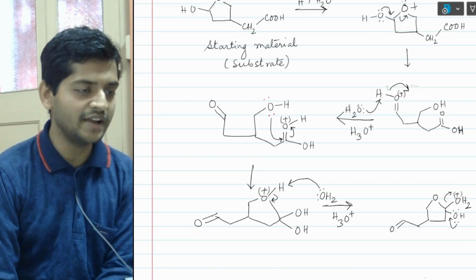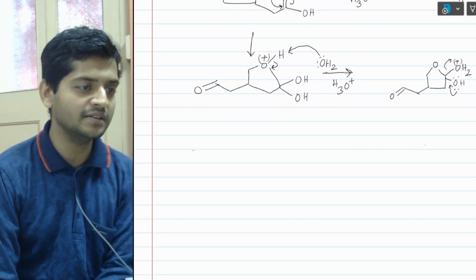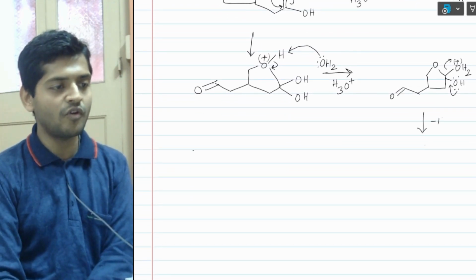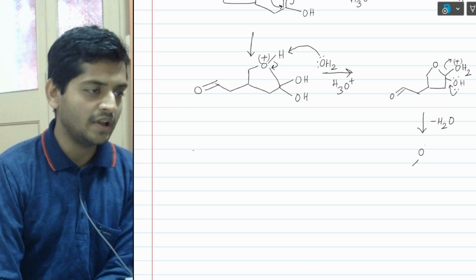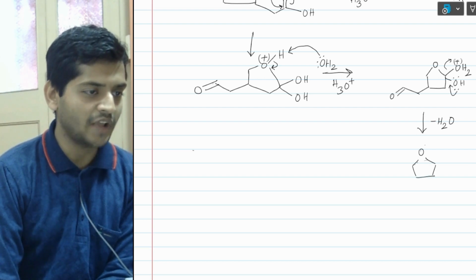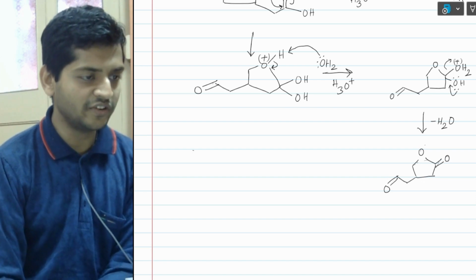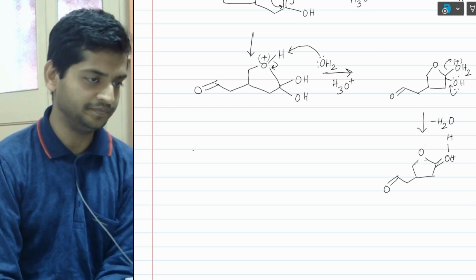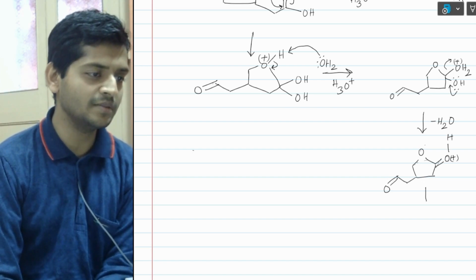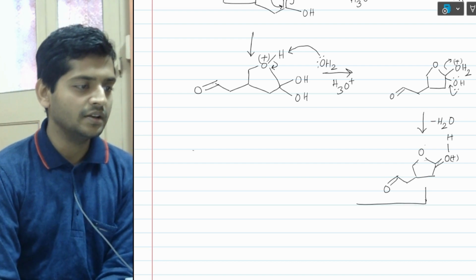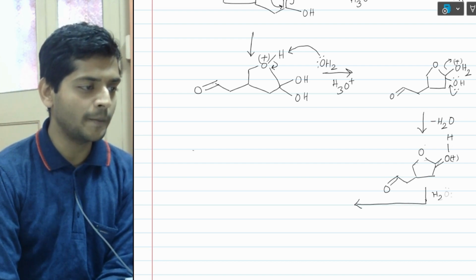So once this hydroxyl group is protonated, it can eliminate one more water molecule, and the hydroxyl group can stabilize by formation of a carbonyl bond, because C=O is the most stable bond in organic chemistry, so it can form a ketone like this.